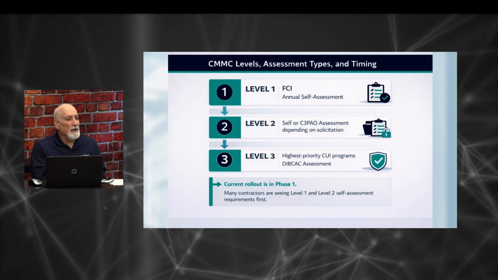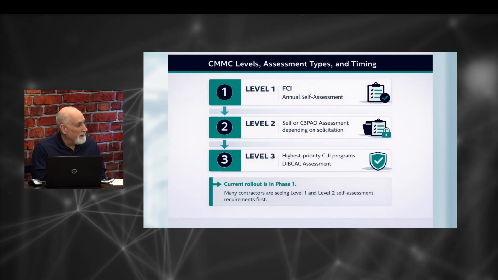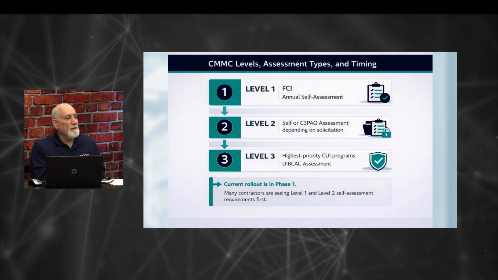It's mandatory that you do a self-assessment, that you report the result, and that an executive within your company signs their name that the assessment is true and honest. So there's accountability, even though it's not a third-party assessment.